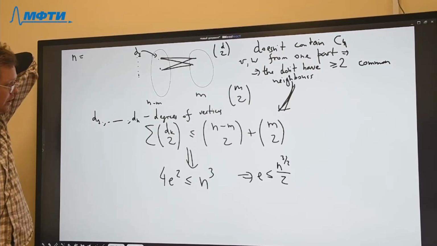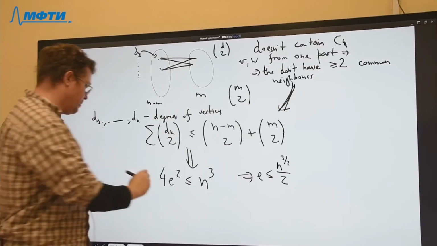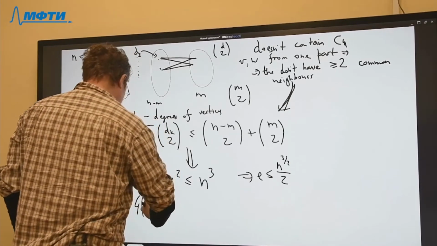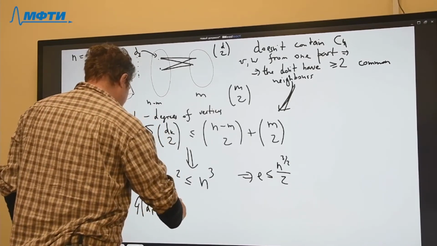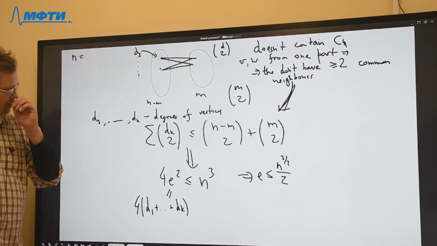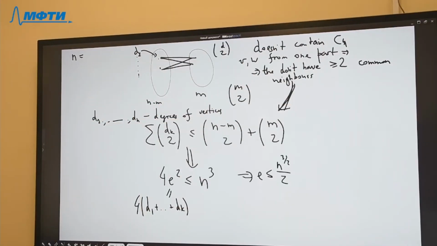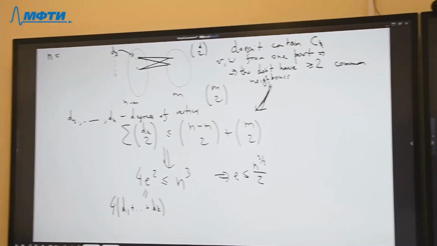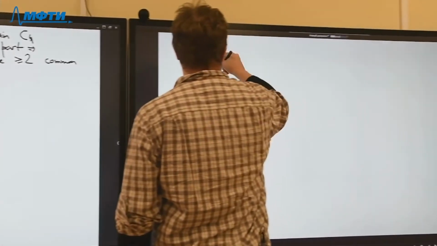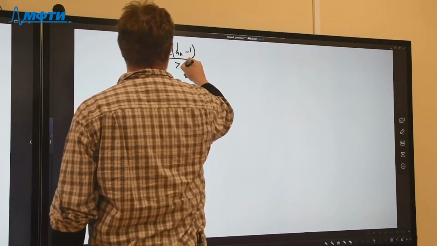Okay, so if you want to look at degree, E is just the sum of d1 through dk. We want to connect this with d_k choose 2. Let's make some calculation. d_k choose 2 is d_k times (d_k minus 1) over 2.